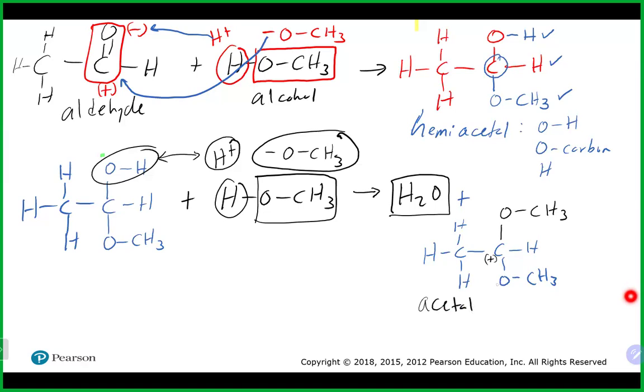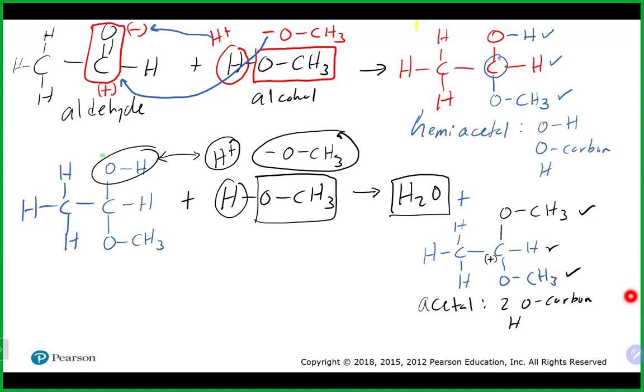An acetal has two oxygen carbon groups, this guy, and it has a hydrogen, which is that guy. So if you add one alcohol to an aldehyde, you get an intermediate, which is known as a hemiacetal. You can think of the hemi part as there's OH in it. So if you want to think of hemi OH, there should be an OH group. That's what we have going on there.